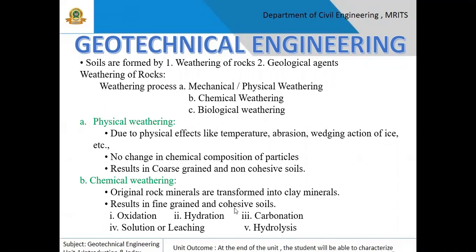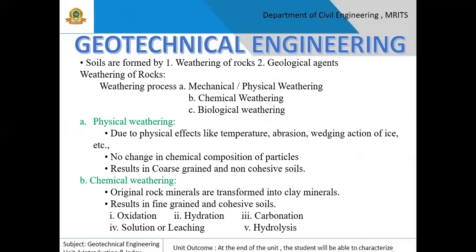So in the previous one, we get coarse grained and non-cohesive soils, and chemical weathering gives fine grained and cohesive soils. If you are asked to give the difference between physical and chemical weathering, you have to remember that physical weathering gives coarse grained and non-cohesive soils, and chemical weathering gives fine grained and cohesive soils.